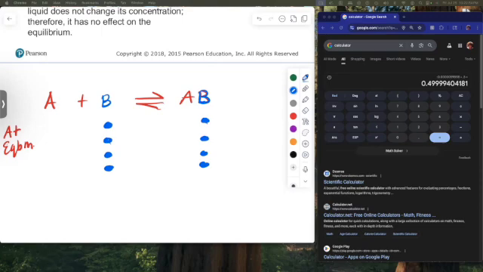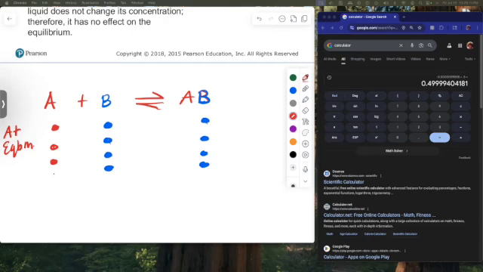And then let's see for A. So this is at equilibrium. Now remember, equilibrium doesn't mean that we have equal amounts of the chemical. Equilibrium means we have a constant amount of chemicals because the rate of the forward reaction matches the rate of the reverse.